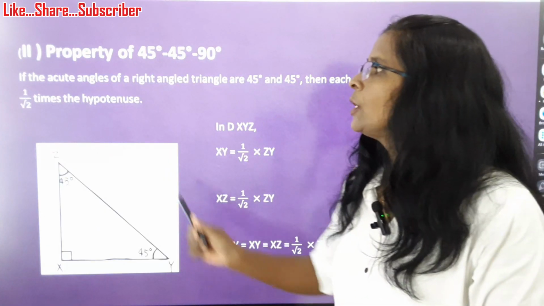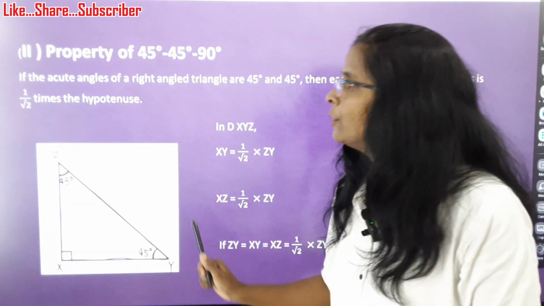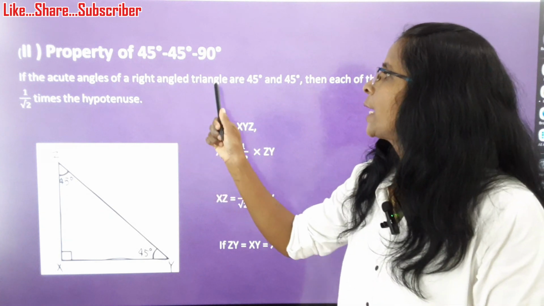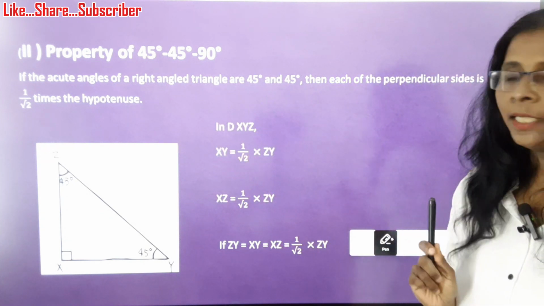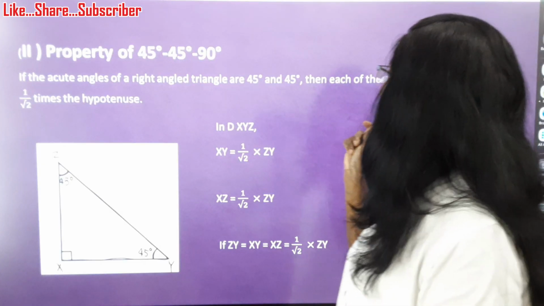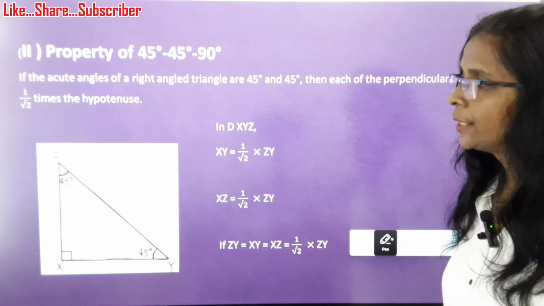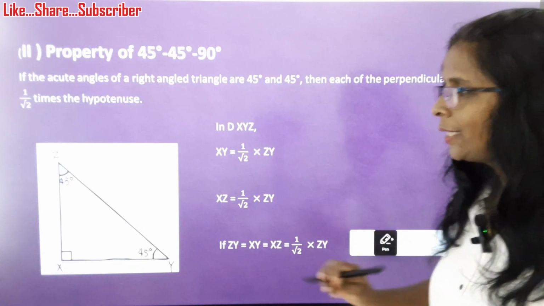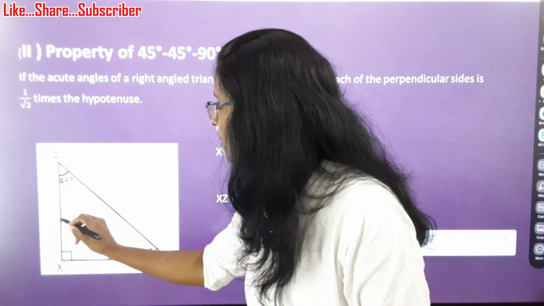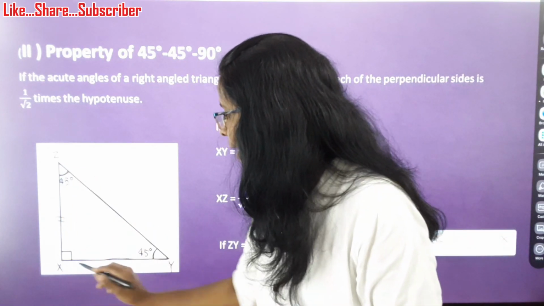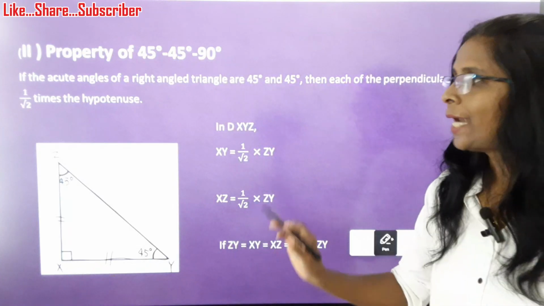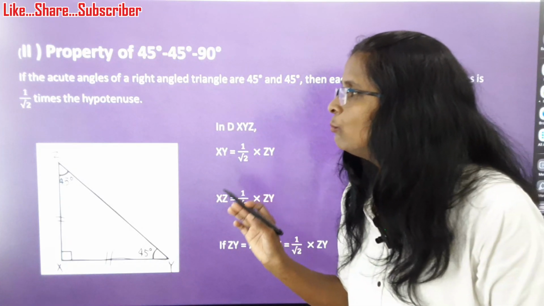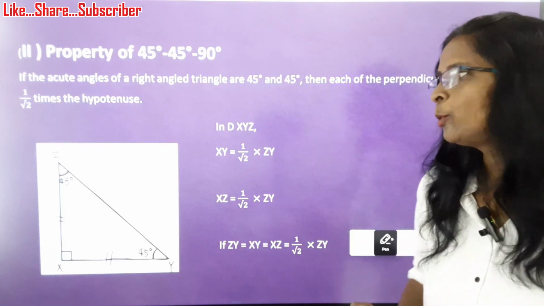Now if the acute angles of a right angle triangle are 45, 45 degree, then each of the perpendicular sides, which are ZX and YX, is equal to 1 upon root 2 times the hypotenuse.